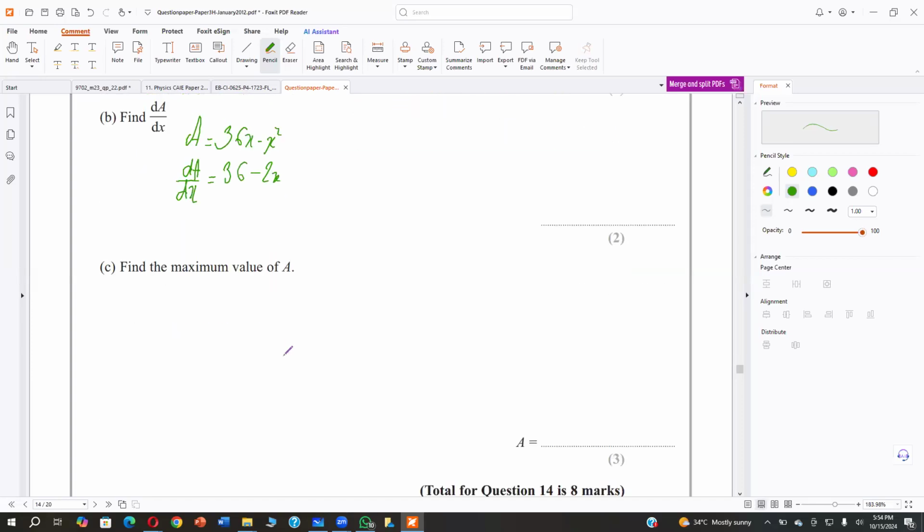Find the maximum value of A. X is equal to 18.